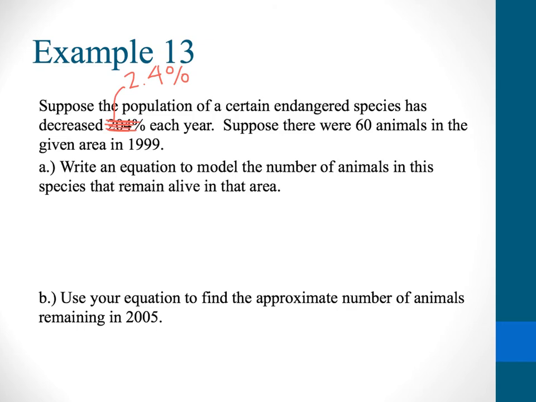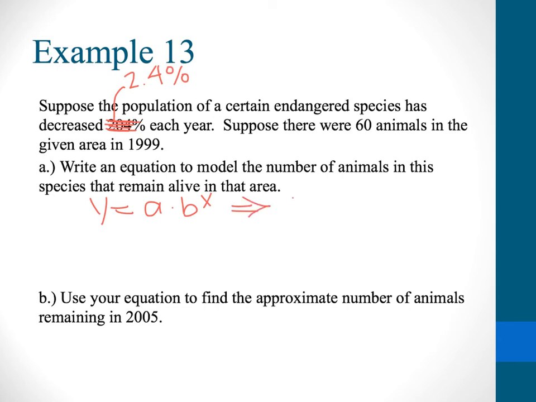For our final example, it says, suppose the population of a certain endangered species has decreased by 2.4% each year. Suppose there were 60 animals in the given area in 1999. Part A says to write an equation to model the number of animals in this species that remain alive in that area. So again, I'm going to refer back to y equals a times b to the power of x.